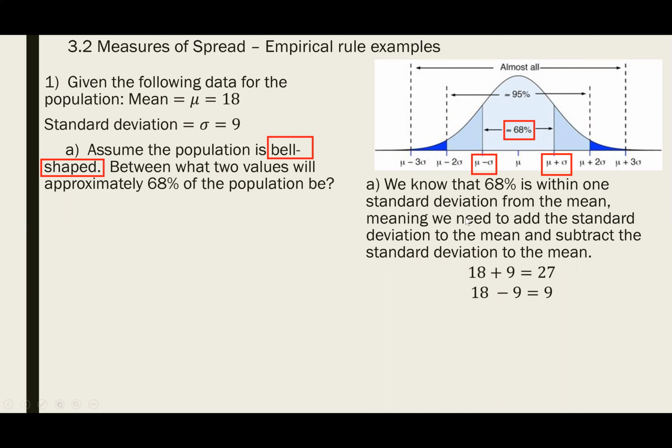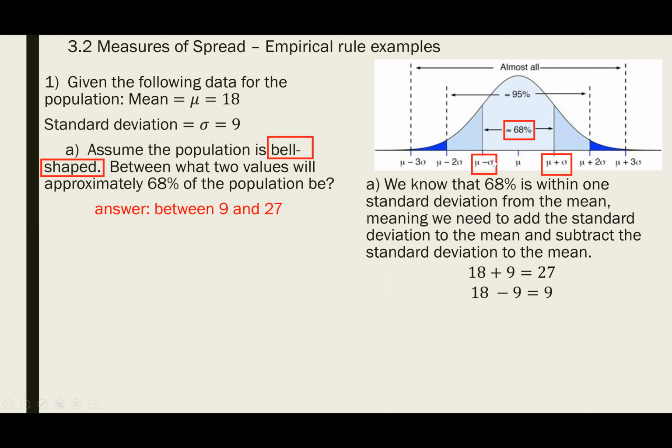Okay, so when they say within, think in terms of within, meaning how many steps we need to take, which is within one standard deviation, we take one step above, one step below. So in the same way, this is your formula, right? Your mu plus or minus 3 times sigma, meaning you take 3 steps, 2 times sigma, meaning you take 2 steps, sigma, meaning you take 1 step.